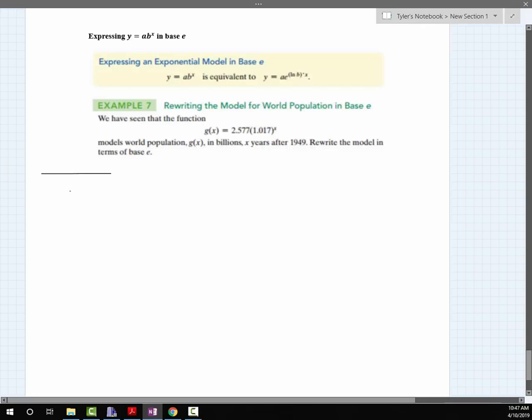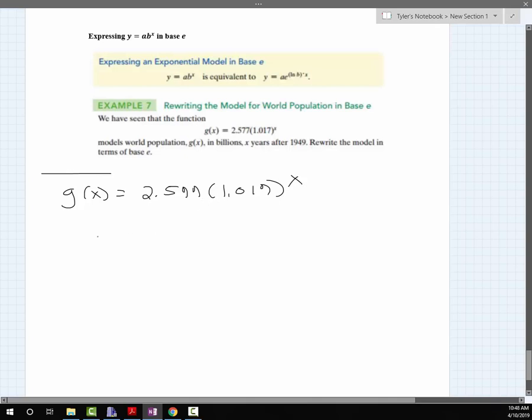So if I look at this example, what we're trying to do is take this equation that we got last time and rewrite it with the power of e.